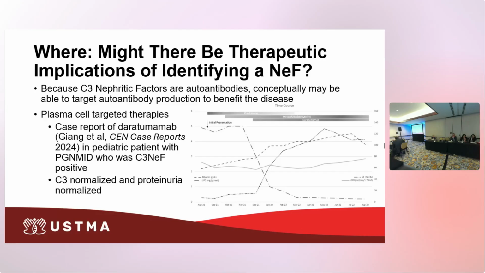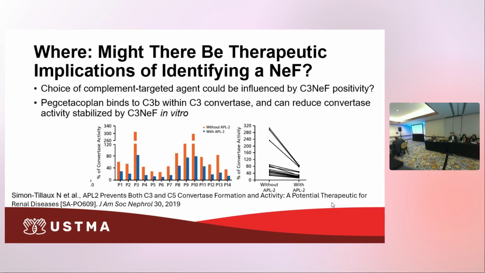The C3 normalized, and I'll point to the C3 curve. It's a little bit of a busy graph, but once daratumumab was initiated, the C3 normalized, and the proteinuria also had a nice response as well. But again, these are anecdotal reports, really nothing to draw firm conclusions from.